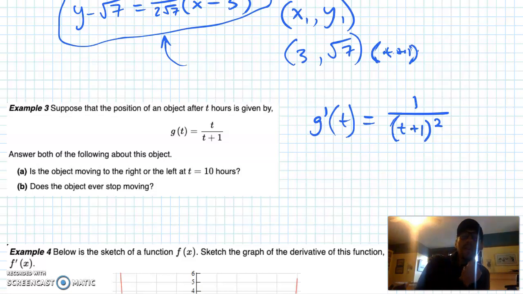As t gets infinitely big, and we're assuming there's no negative time, right, we can see that it's going to get slower and slower, because the limit as t approaches infinity is going to be 0. But because it can be infinitely slowly moving, I don't think it's ever going to stop. So I think we would say yes here, and we would say no here.